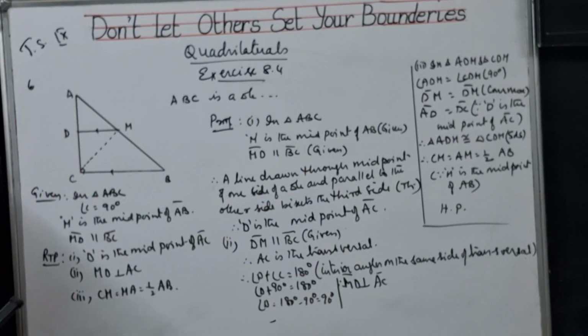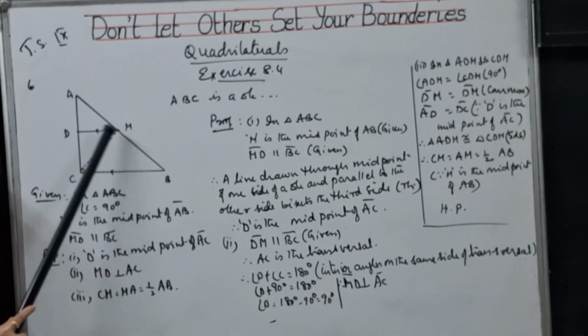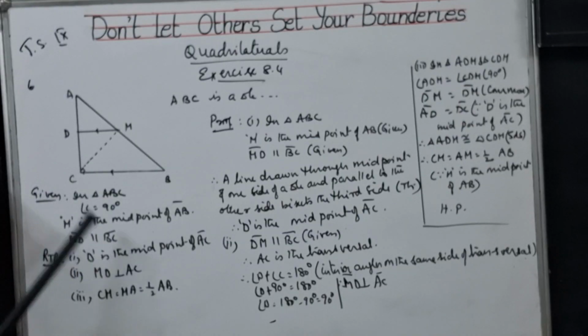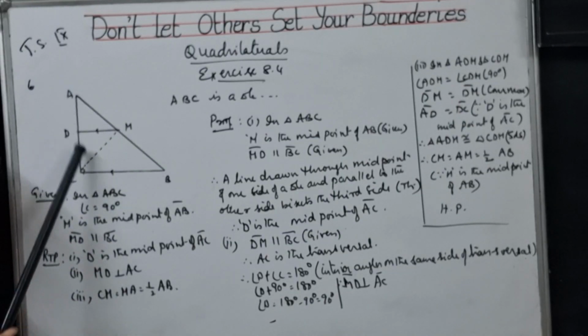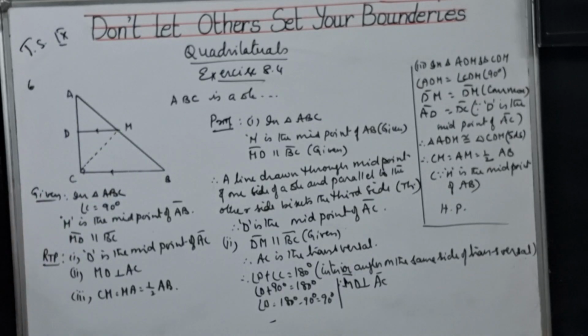So once again, let us see in triangle what is given to us. In triangle ABC, angle C is 90 degrees. M is the midpoint of AB and MD is drawn parallel to BC. We need to prove that D is the midpoint of AC and MD is perpendicular to AC, and CM is equal to AM, that is half of AB.